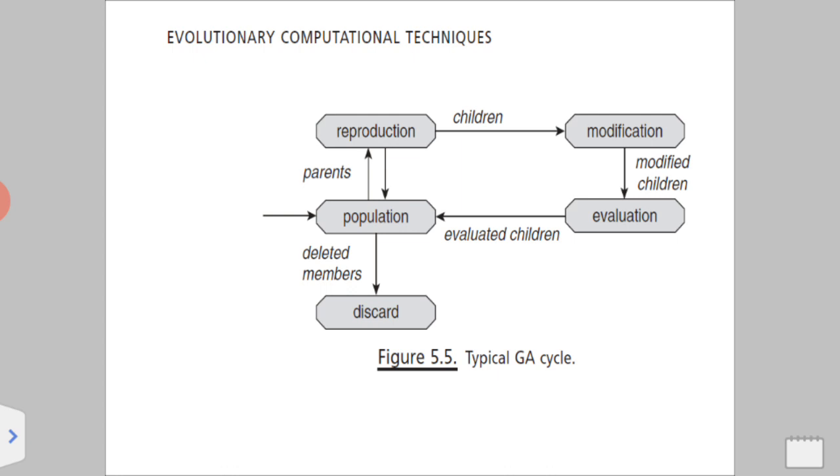So GA, that is the genetic algorithm, is applied to power system expansion. It is used in operation planning, in generation and transmission, to find a good solution and remove uncertainty and randomness.